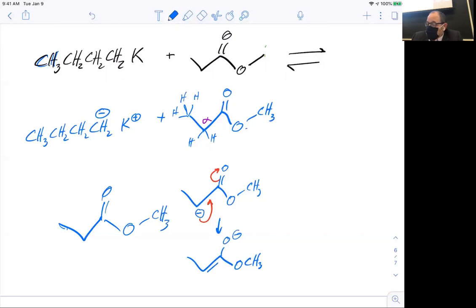That would be that isolated sp3 carbon and this isolated sp3 carbon.